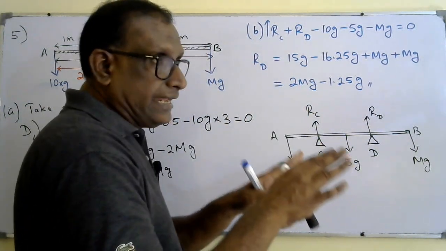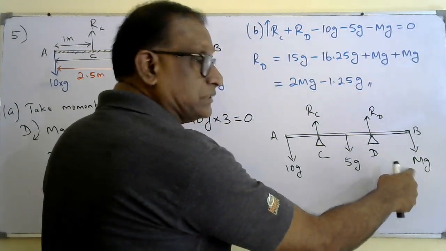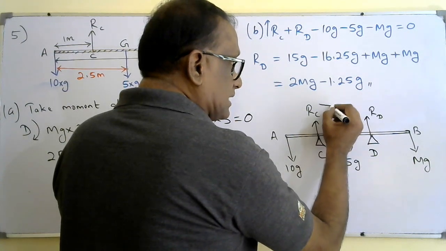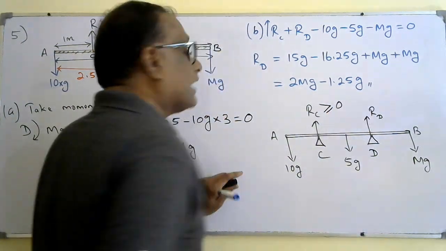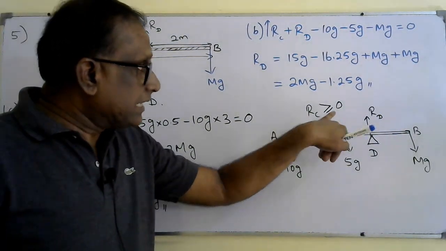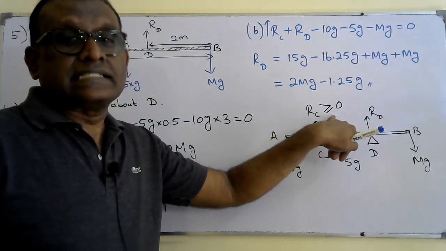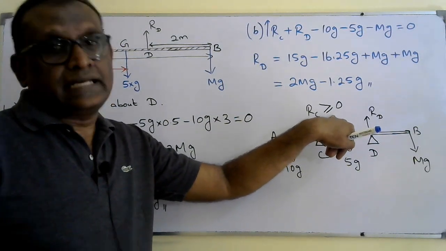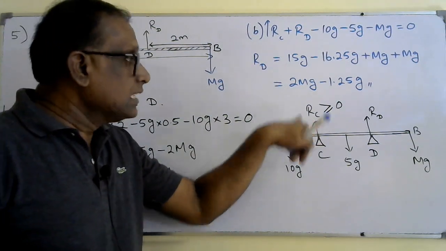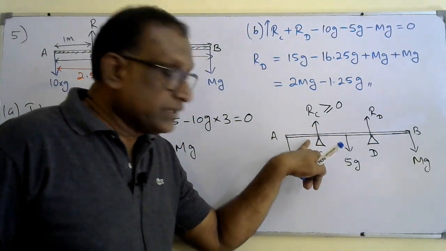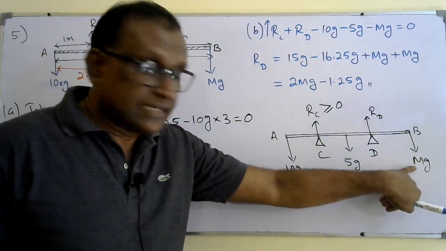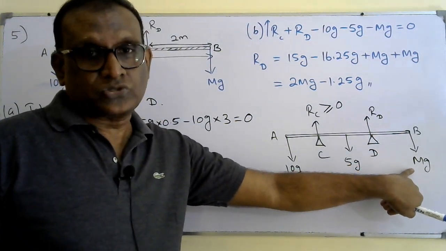So to keep it in equilibrium while increasing mg, mg has a limit such that RC remains greater than or equal to 0. That means RC, the contact force at C, is greater than or equal to 0, so it's still in contact. So RC should have a real positive value, meaning the rod is in contact with C, at equilibrium, not toppling, even when you are increasing mg, but mg has a limit of force.